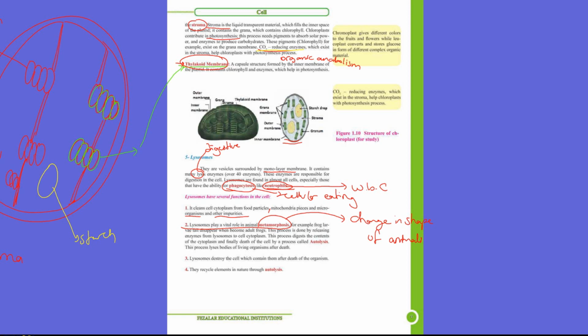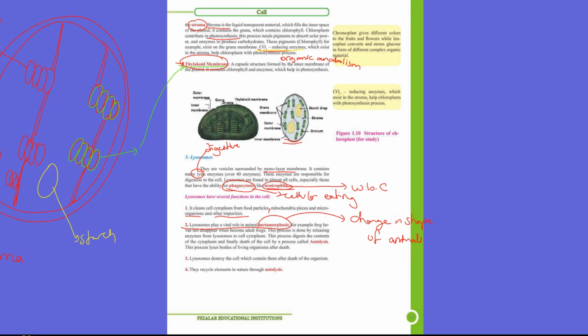Lysosomes play a vital role in these changes. For example, a frog larva's tail disappears when the frog becomes an adult. The larval frog, like a fish with a long tail, swims in water. But as it grows up and becomes a mature frog, it loses its long tail.